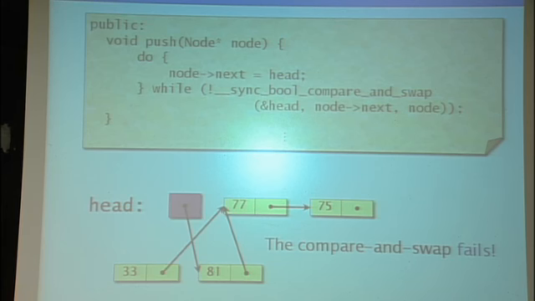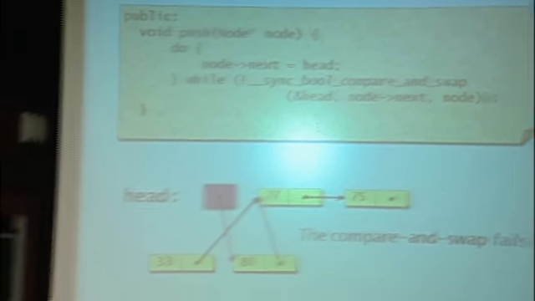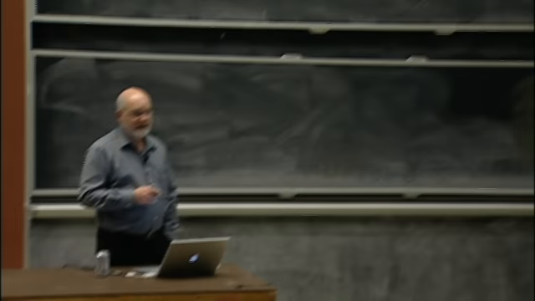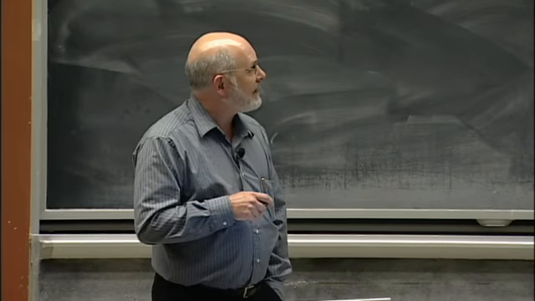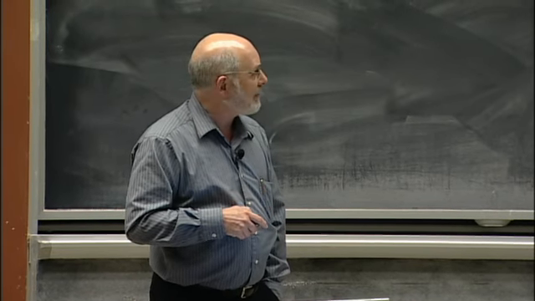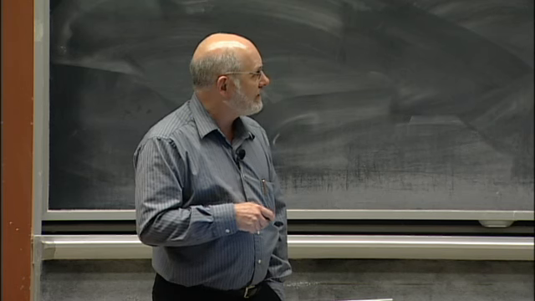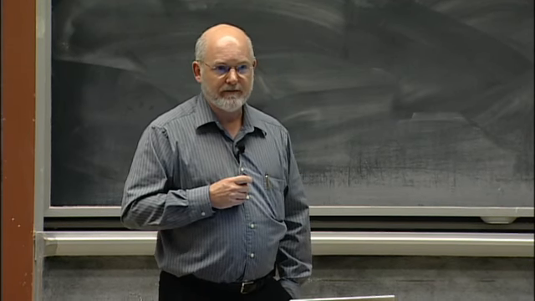But the value is no longer the pointer to the node with 77, it's now the pointer to the node with 81. So the compare and swap fails. People follow that? And so what does 33 have to do? It's got to start again. It goes back around the loop, and now it sets its next to 81, which is now the head, and now it can compare and swap in the value, and they both get in there perfectly well.